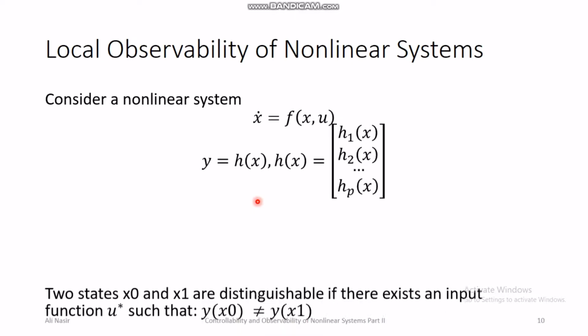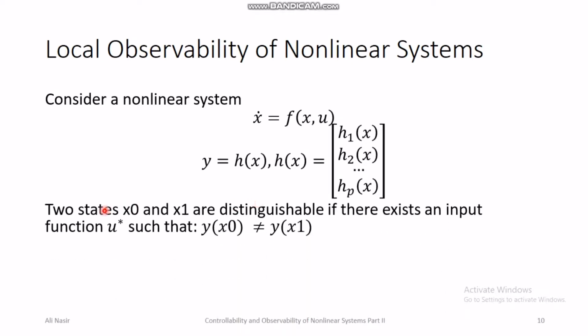Alright, so for this nonlinear system, two states x0 and x1 are distinguishable if there exists an input function u star such that the output corresponding to u star for the initial state x0 is not the same as the output due to the control input u star and the state vector x1.